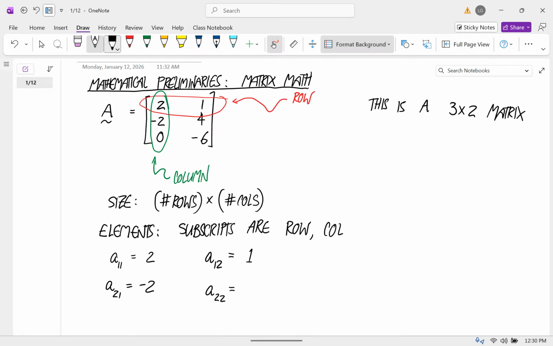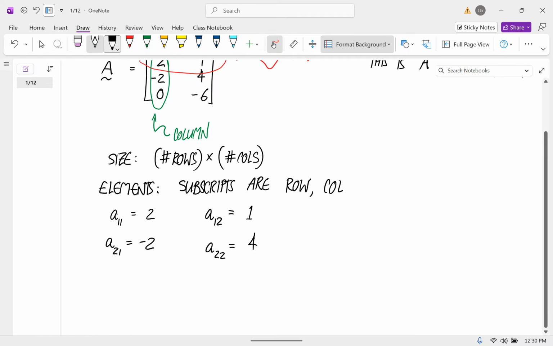A2,2 has the value +4. A3,1 has the value 0. And A3,2 has the value -6. That's a pretty common notation. It's not always used, but often we will use it.